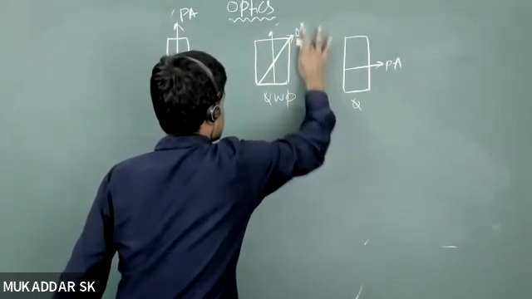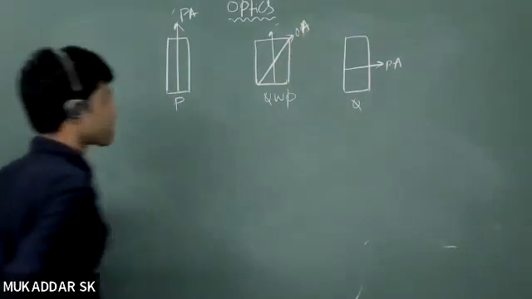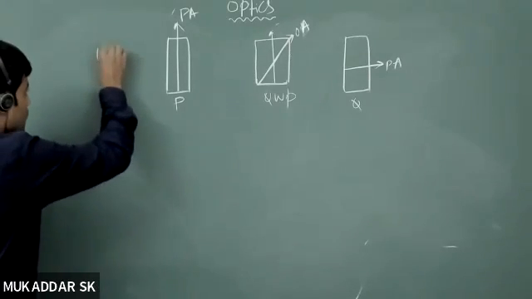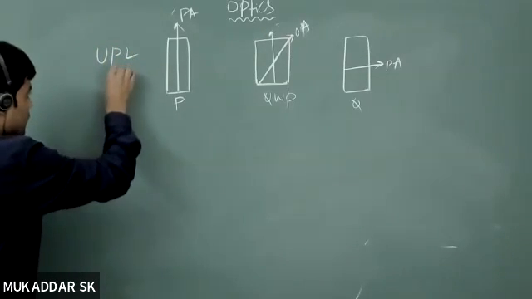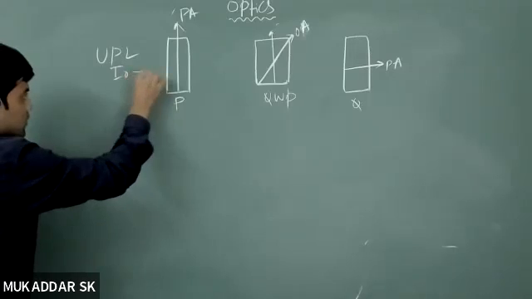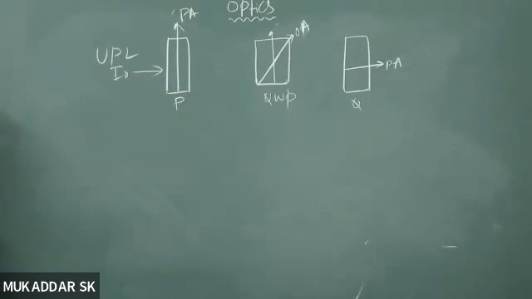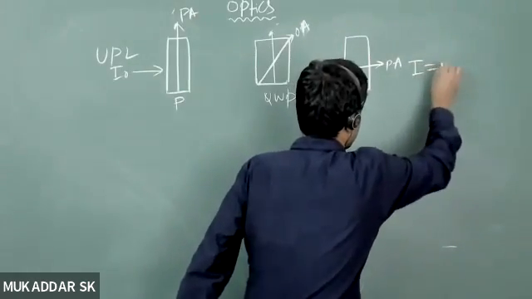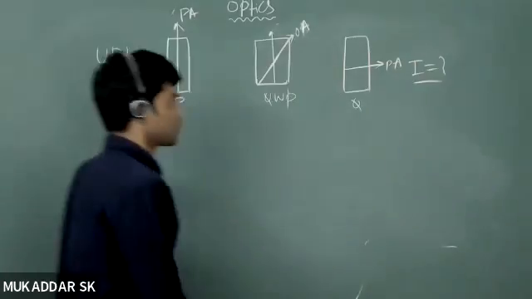Now an unpolarized ray having intensity I naught is incident on polarizer P. What will be the intensity of the emerging ray that you have to calculate?